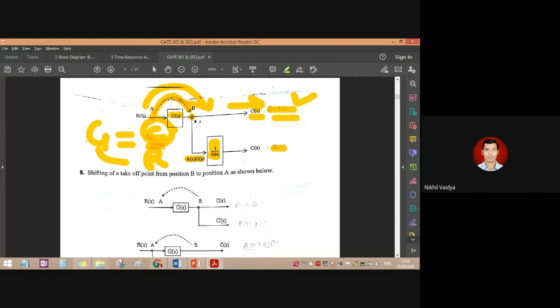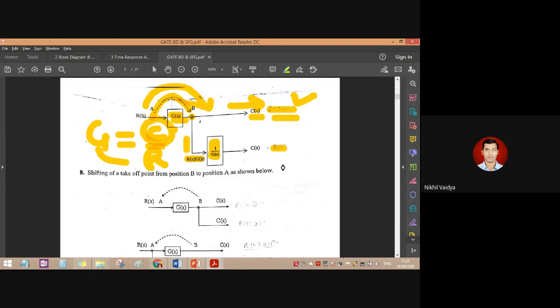R of S into G of S, because whatever the previous positions are, they are just getting multiplied here. So this is G of S and this is R of S. They are multiplied, and when multiplied with 1 upon G of S, G of S and G of S get cancelled and only R of S remains. So we are getting R of S also.